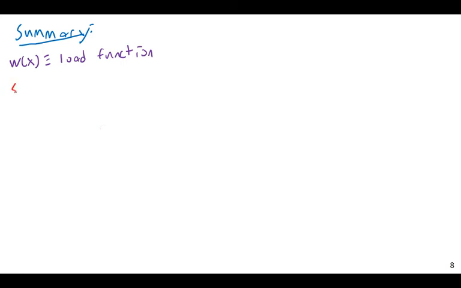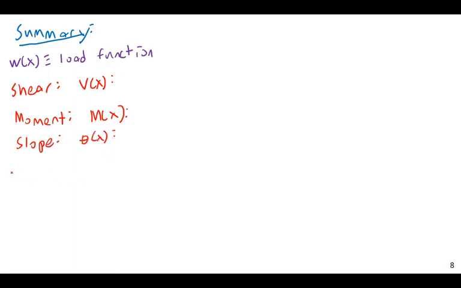We have shear, which is V as a function of x. We have moment, which is M as a function of x. We have slope, which is theta of x. And we have deflection, which is equal to y of x.